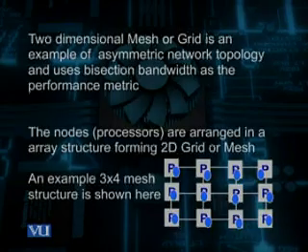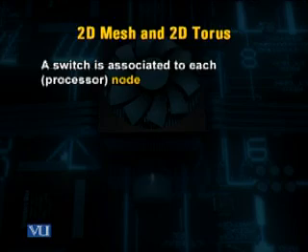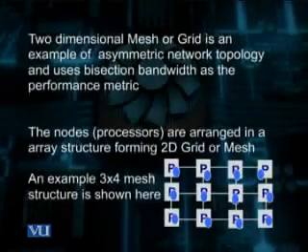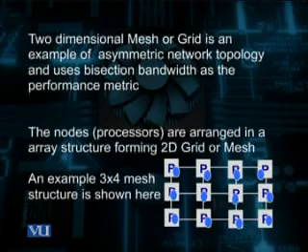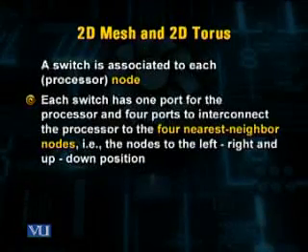Here, as you can see, a switch is associated with each processor or each node. Here it is shown with the help of a blue dot. Each switch has one port for the processor and 4 ports to interconnect the processor to the 4 nearest neighbor nodes.